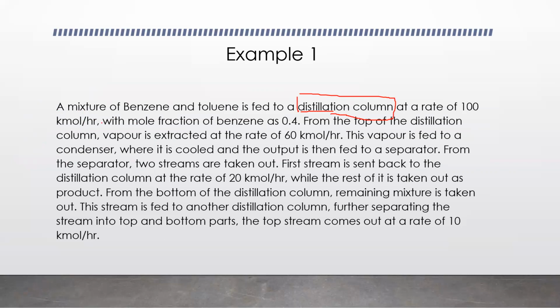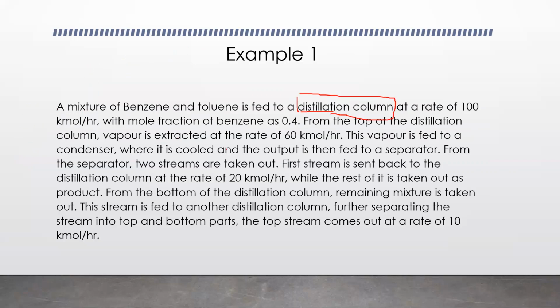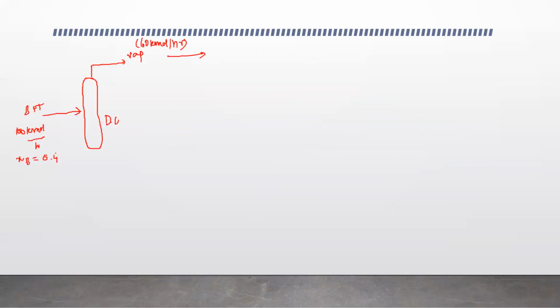From the top of the distillation column, vapor is extracted at a rate of 60 kilomole per hour. So from here, we have vapor, which is extracted at 60 kilomole per hour. And this vapor is fed to a condenser, second unit.